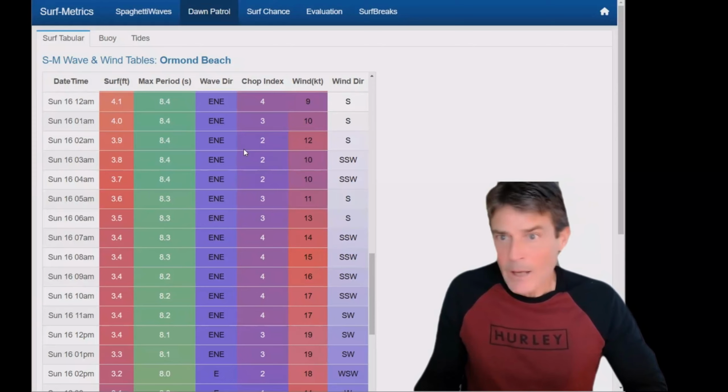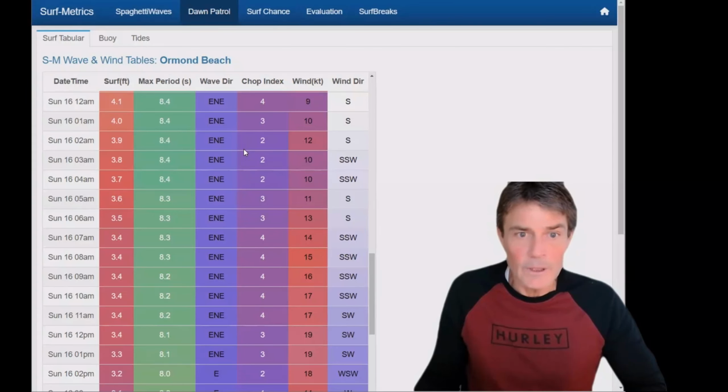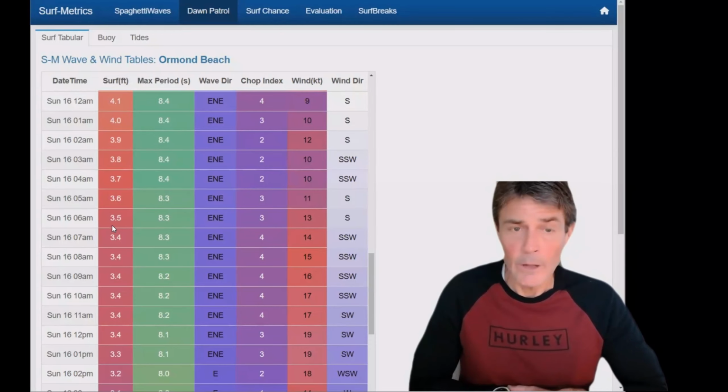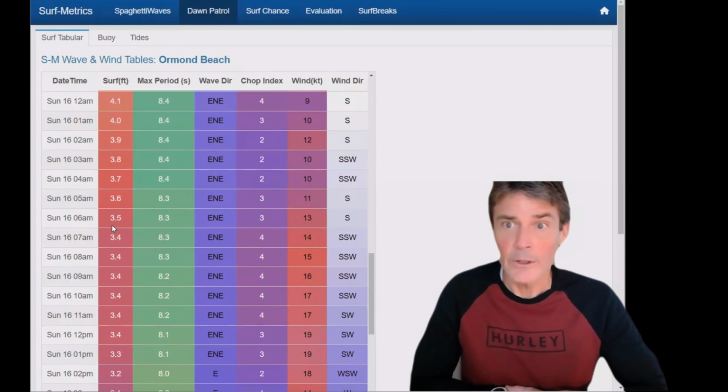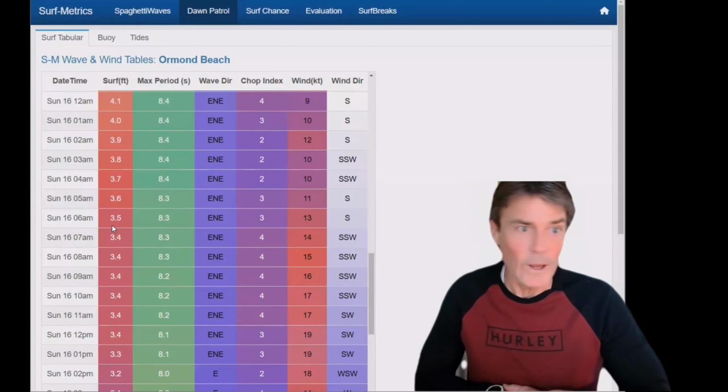I believe a lot of people have probably looked at this and been confused because there's so much coloration going on, but these colors are strategic and they match the values that are in the table. And it's pretty clear with surf height that colors on the cooler side indicate lower wave height.